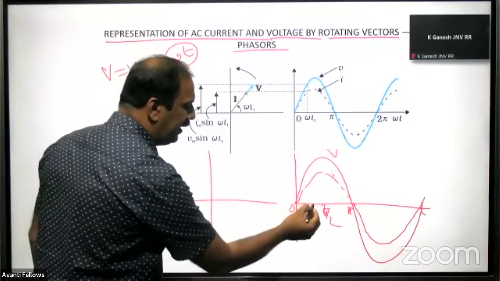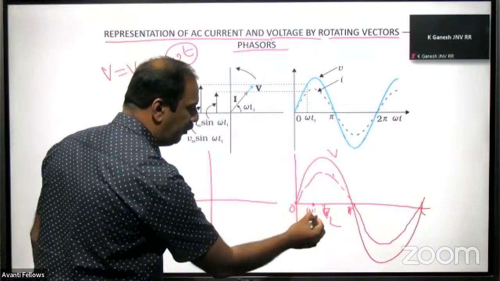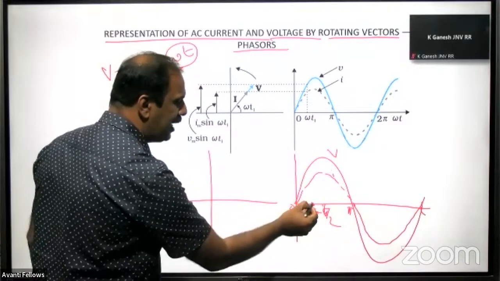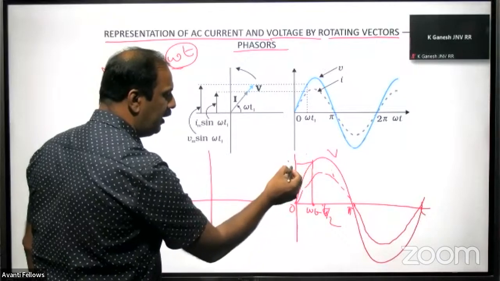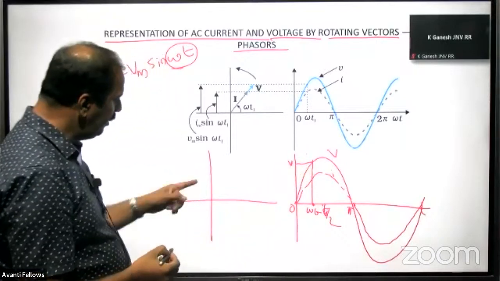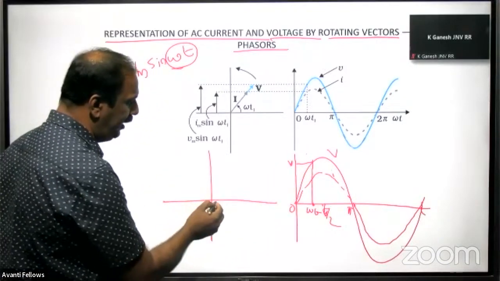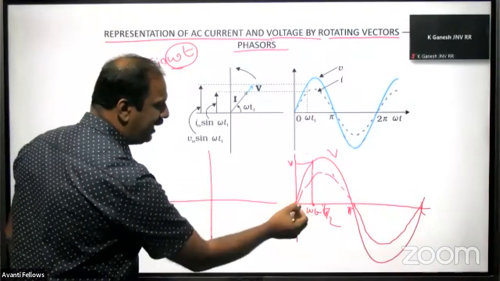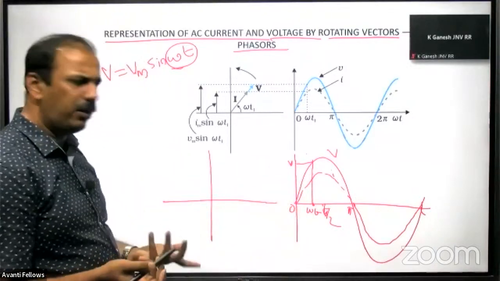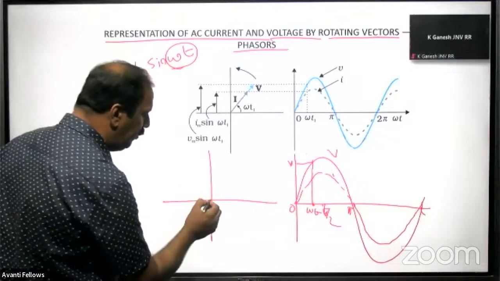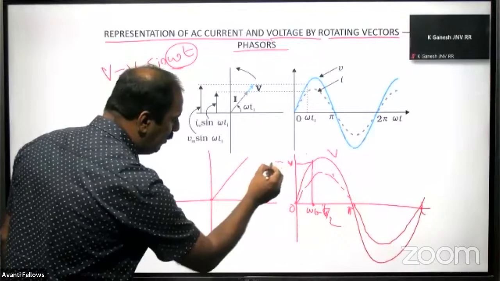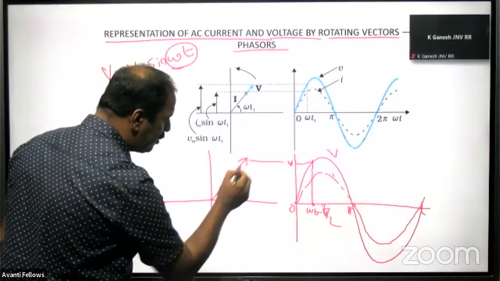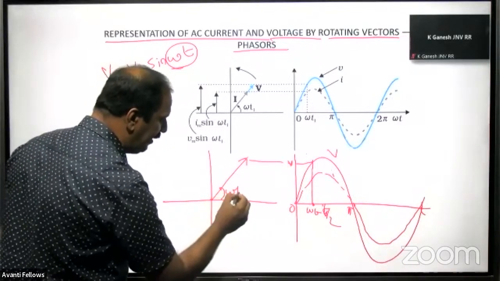Let that angle be here. So this is our value of omega t. At this time, what is our value of V? This is our value of V, and in this one also we should get the same V. So let this angle omega t be 45 degrees or whatever. At that angle, we will draw a line, a vector like this, and its height will be the same. So this angle will be omega t.